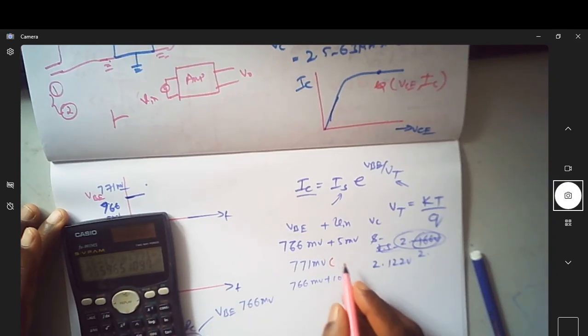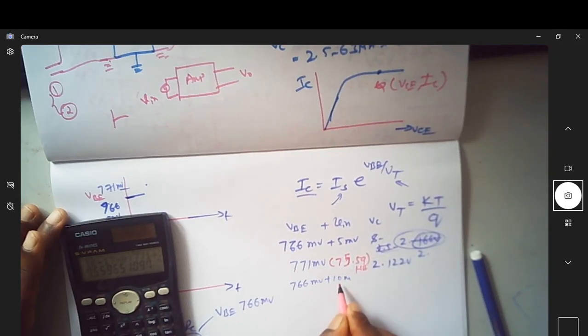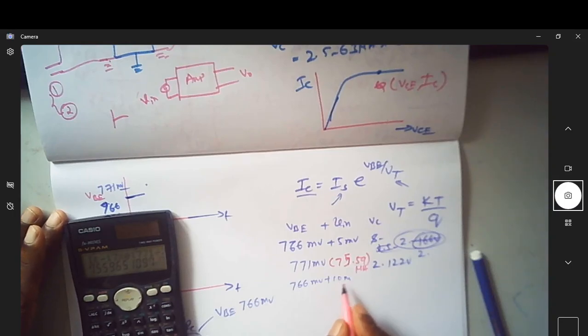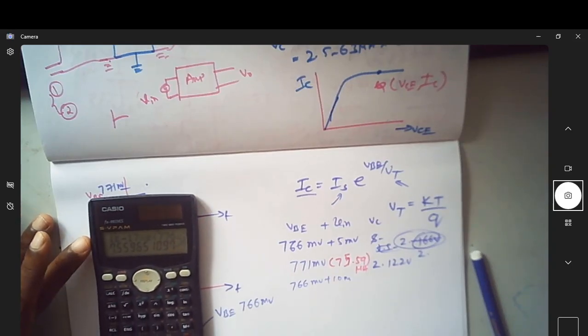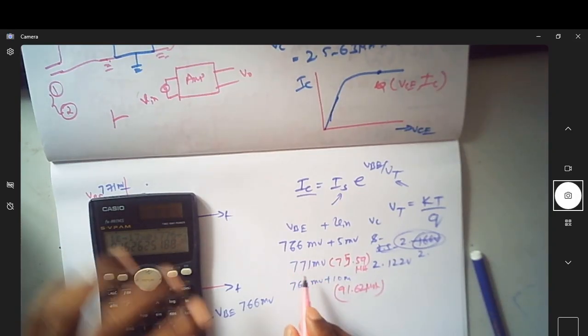It is 775.59 microampere. When it is 10 millivolt extra, I'll make it 776 now. So then what will be your IC? Then your IC will be 91.62 microampere.